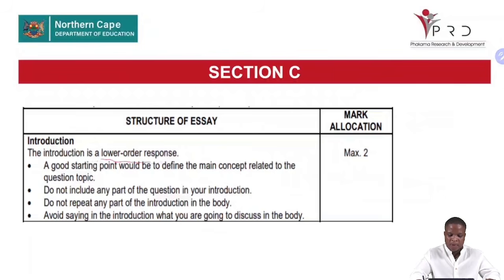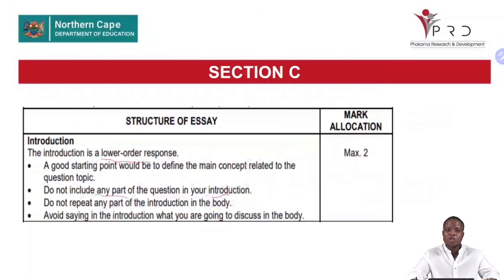So this is where you can define, you can describe, but whatever you write in the introduction must not be included in any part of the question anymore. If you've described what environmental sustainability is, you must not describe it again in your body, your additional part, or your conclusion. So it's better to describe a term, because if you take the main point from the body and start describing what granting property rights is as an introduction, we may give you the mark for that introduction.